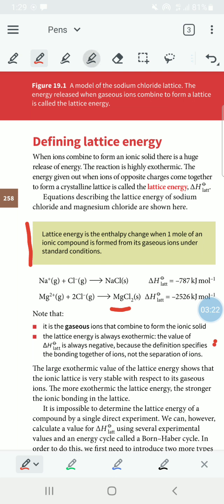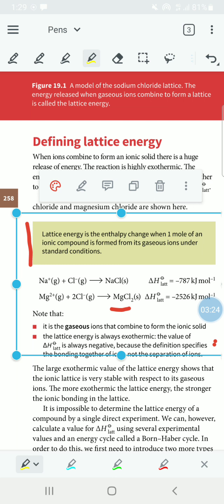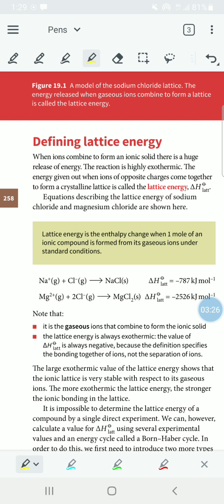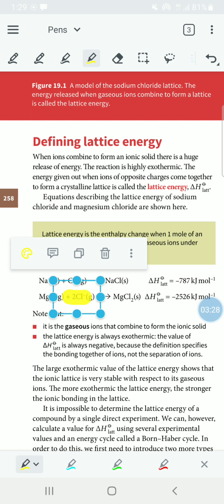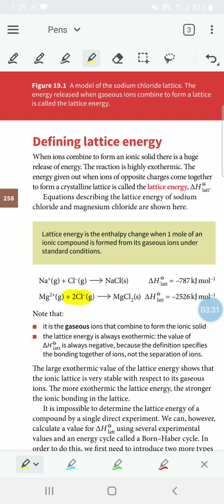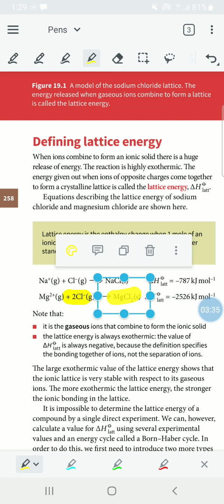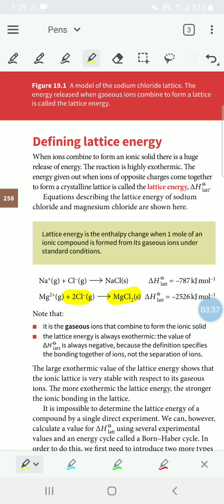Why? Because we are looking at 2 moles of chlorine ions, but only 1 mole of magnesium chloride lattice, the ionic compound. The definition says 1 mole of an ionic compound is formed.